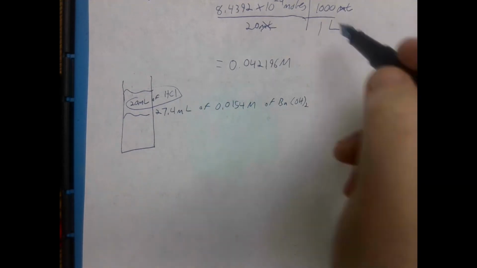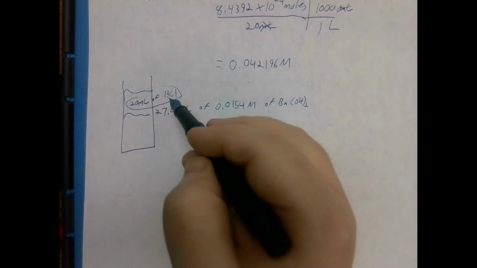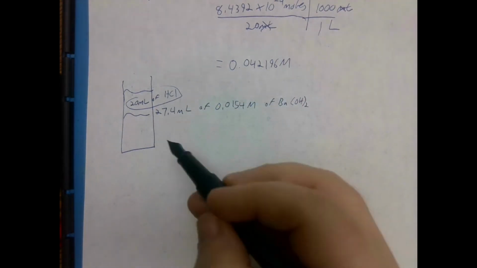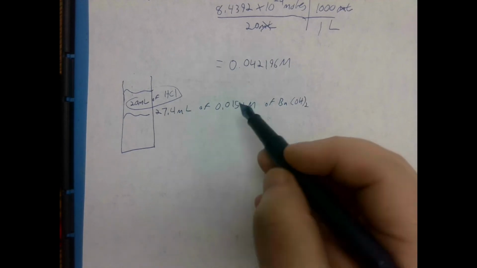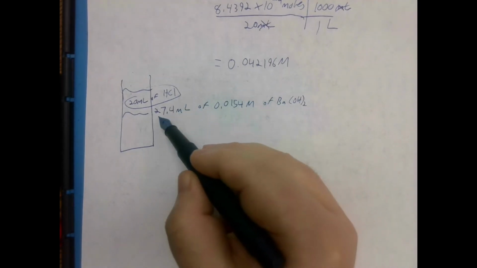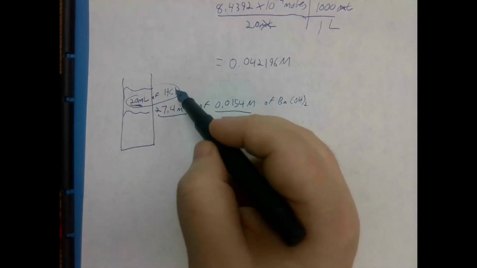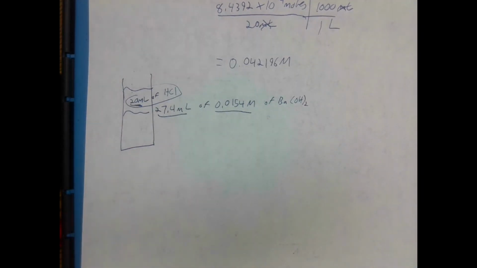And from this, you can calculate exactly the strength of an HCl. As long as you know precisely this volume and that strength and this volume right here, you can know exactly how strong that acid was.